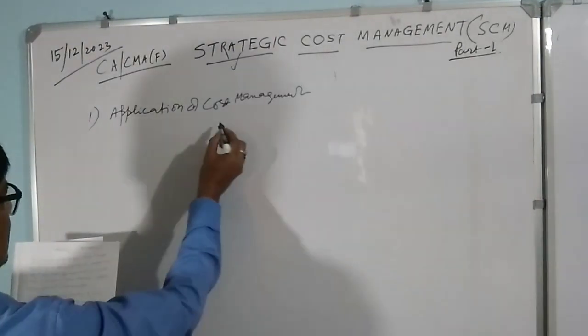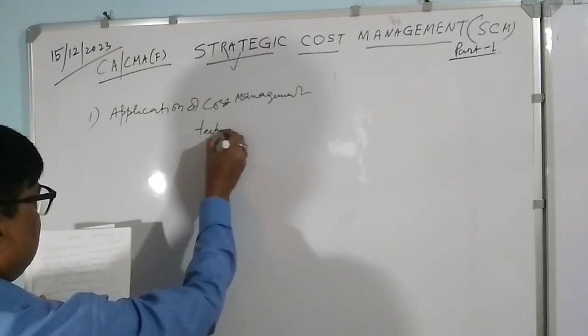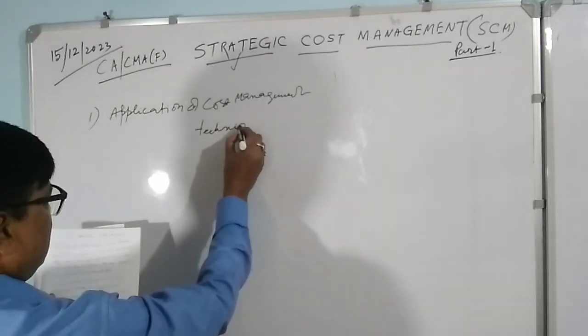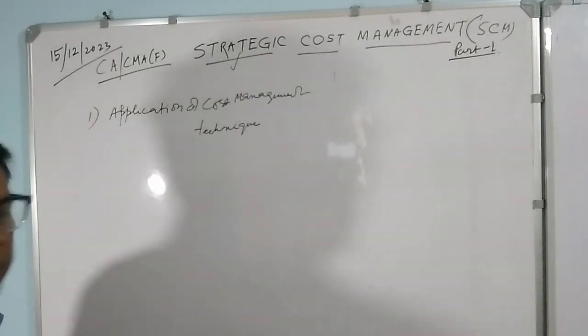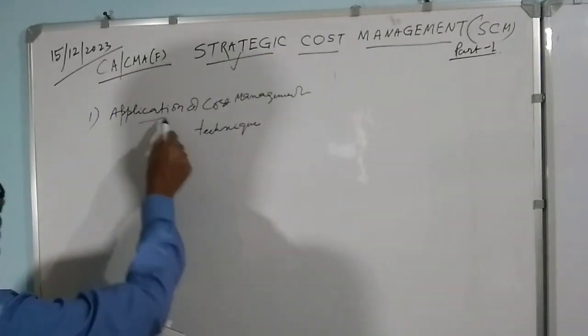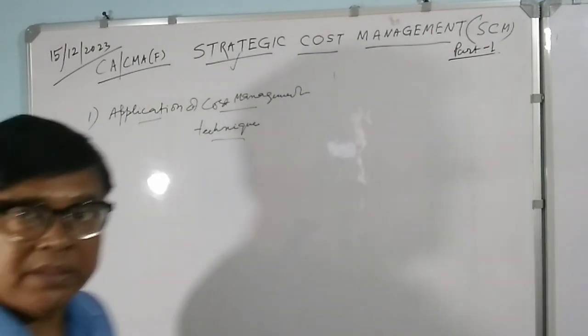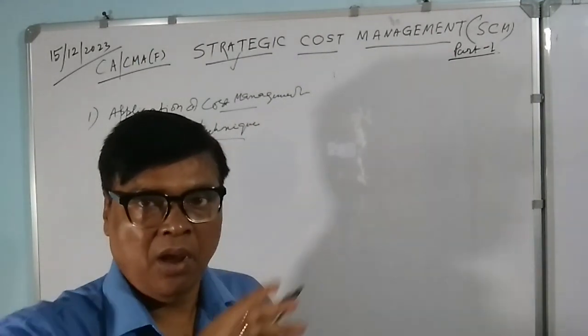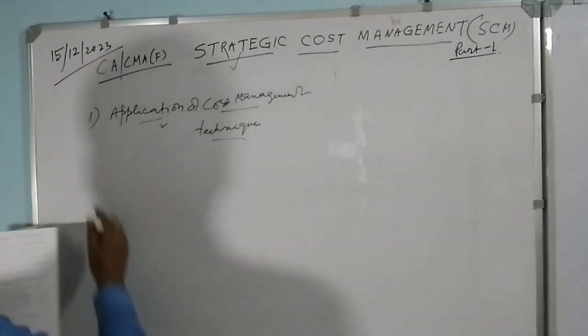So first point is application of cost management technique. See, simply identifying will not satisfy the purpose. You have to apply cost management technique. You might be knowing, but based upon your organizational structure and all the setup, how to apply that technique.